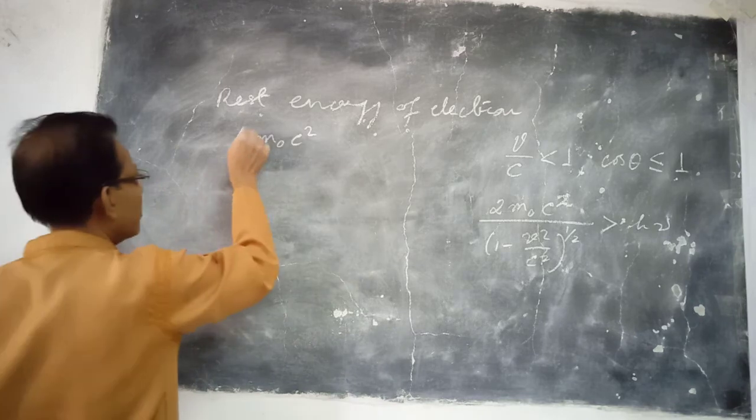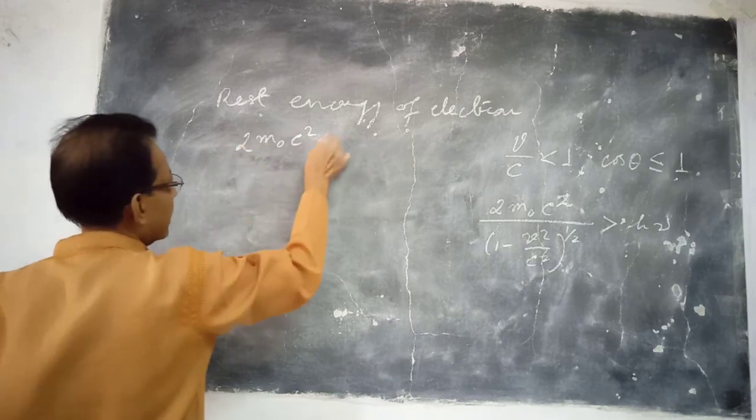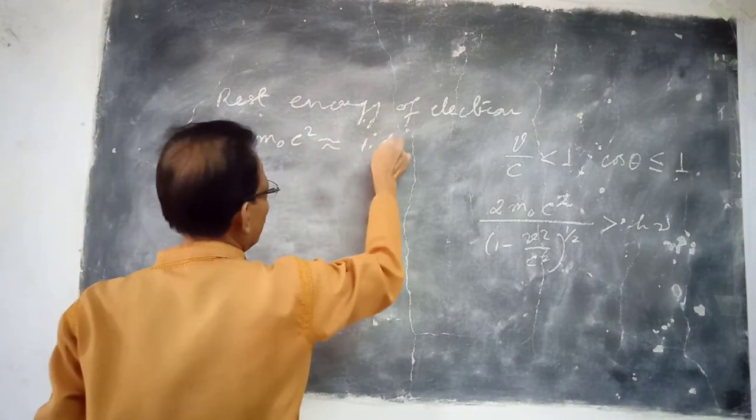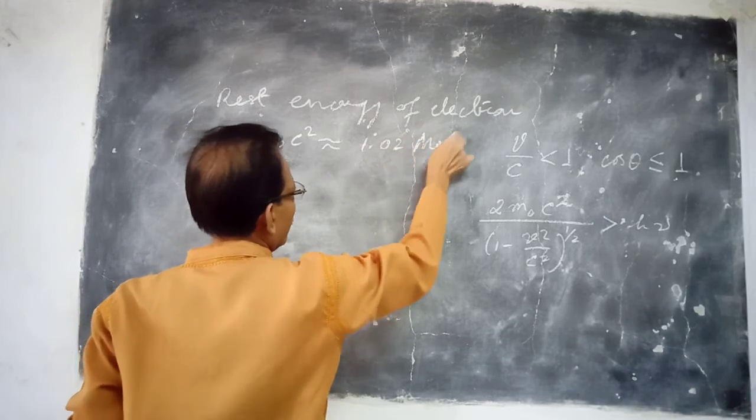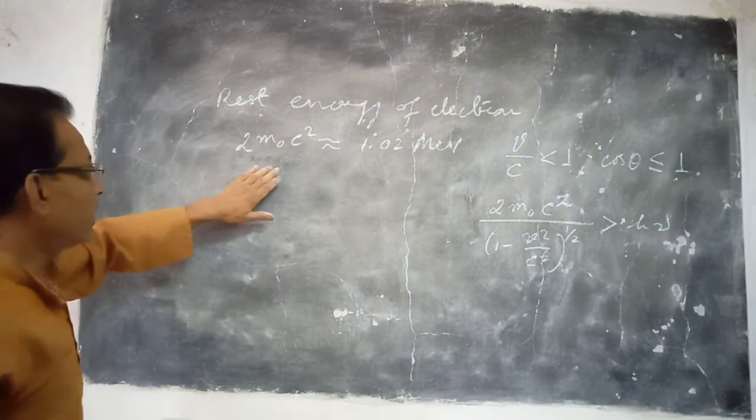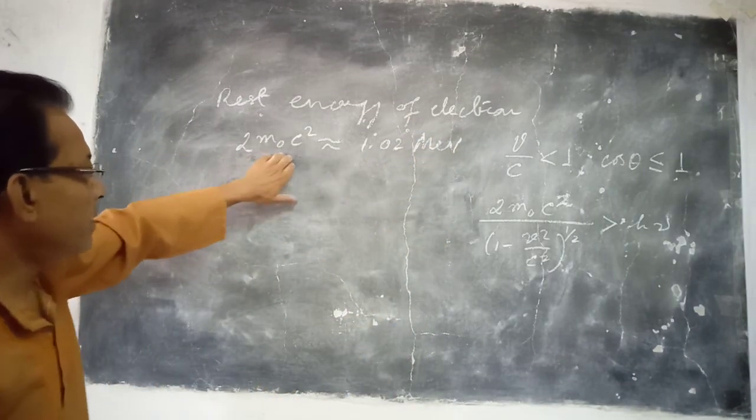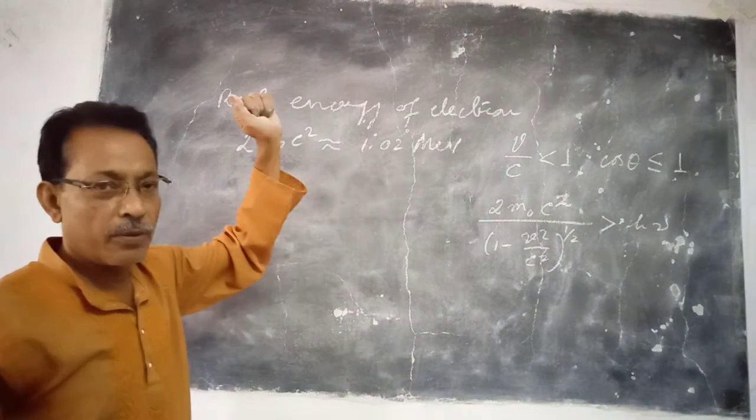So twice m0 c square is actually 1.02 MeV. The rest energy of the electron and the positron, twice m0 c square, is of the order of 1.02 MeV.